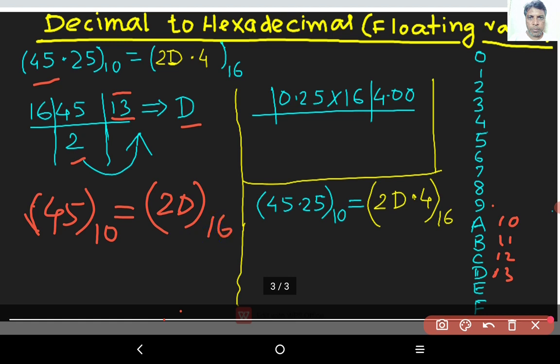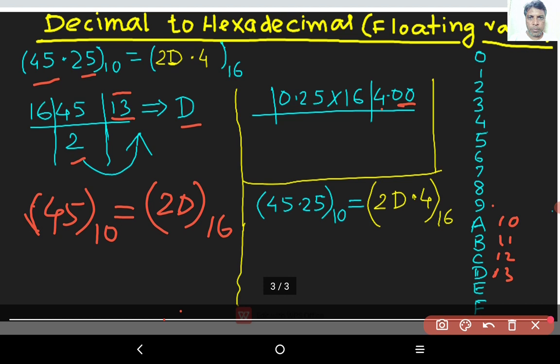For the point value, to convert the decimal value into hexadecimal, we multiply it by 16, and by multiplying once we get 4.00, so the decimal part becomes 00 and we don't multiply further.